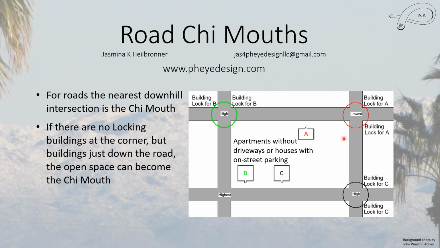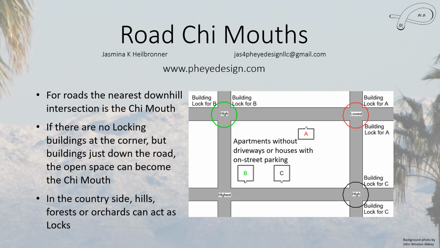So it takes a little common sense and a little understanding of how chi works to determine exactly which chi mouth you use in a situation like this. But if you're anywhere in the middle of the road, between the two intersections, you just look for the lower one, and then it's pretty easy. The corner ones are a little more tricky.